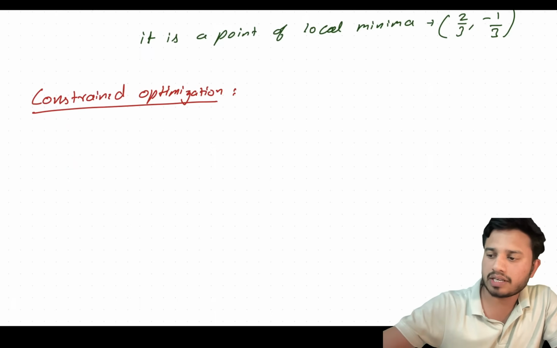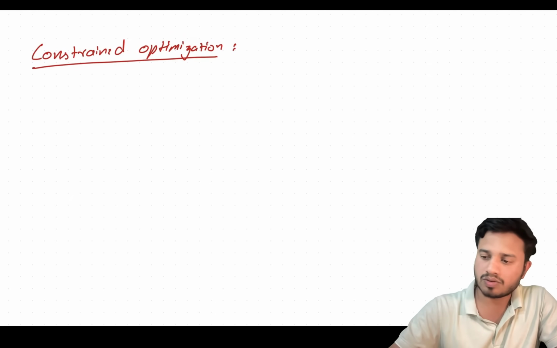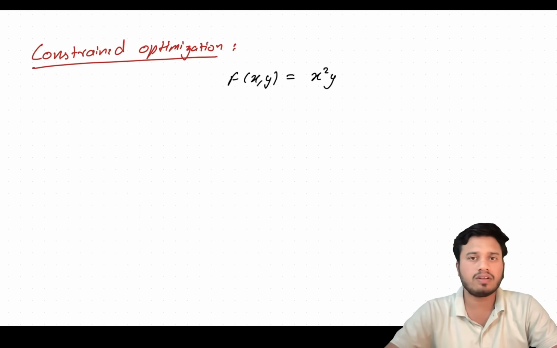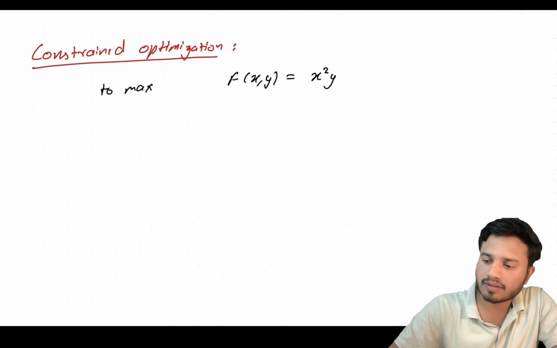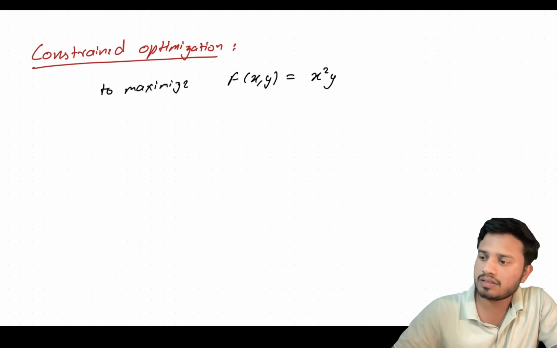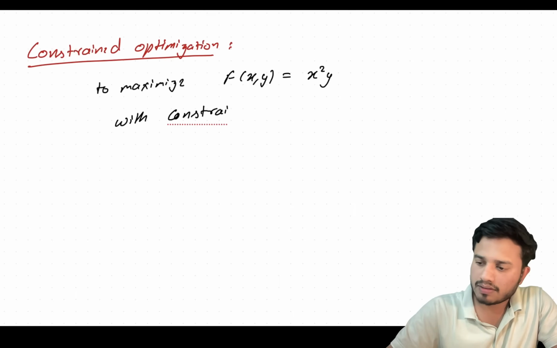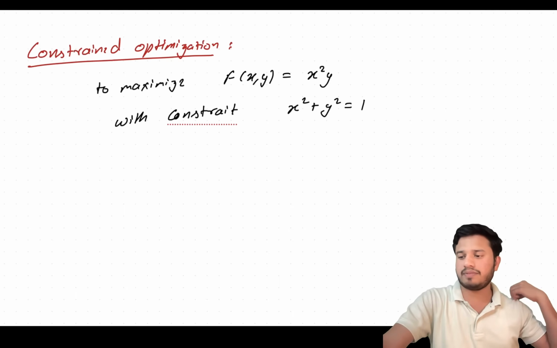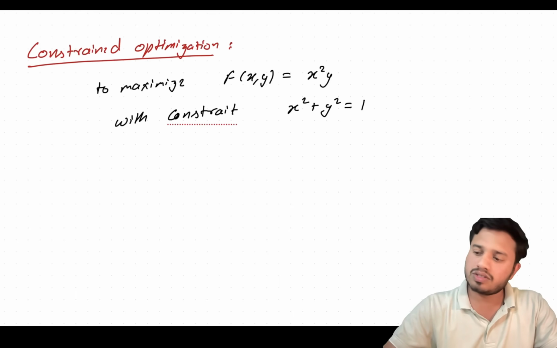So how does it look? Suppose that f(x, y) is given like this, and we have to maximize it, subject to the constraint x square plus y square equals something.